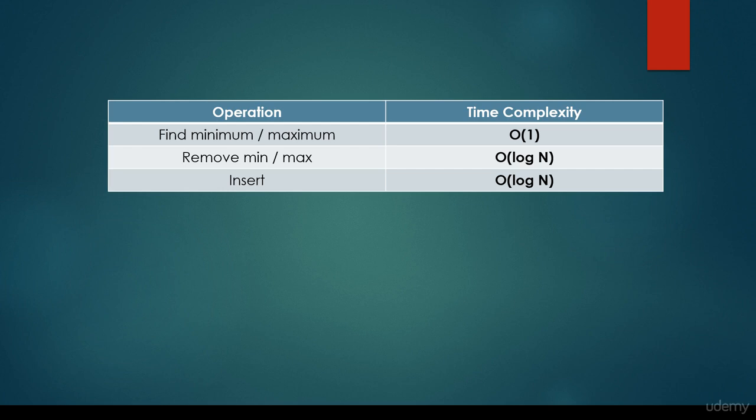It's quite easy, and you may pose the question what's the difference between heaps and binary search trees or AVL trees. The main difference is finding the minimum or maximum. For a binary search tree, the maximum item is the rightmost item, the minimum item is the leftmost item.